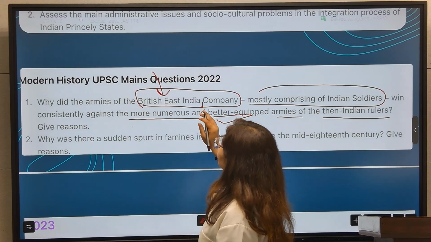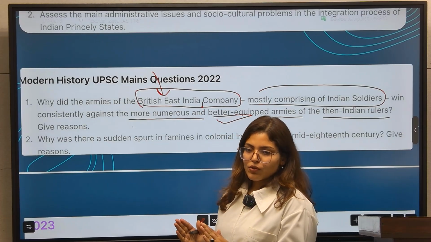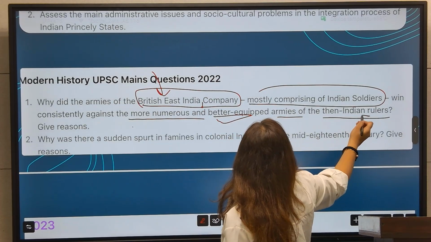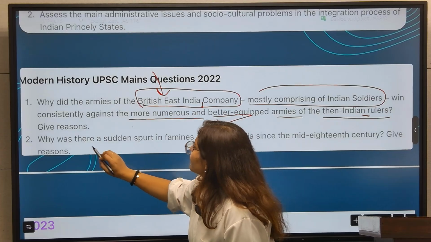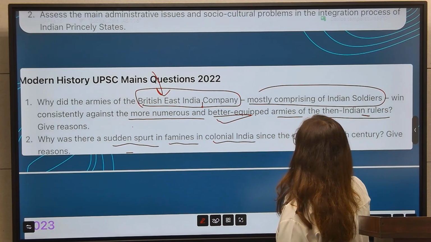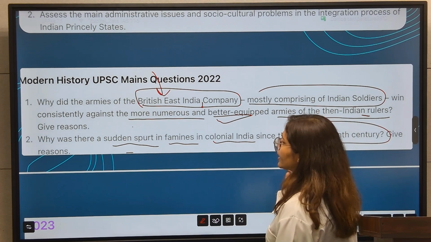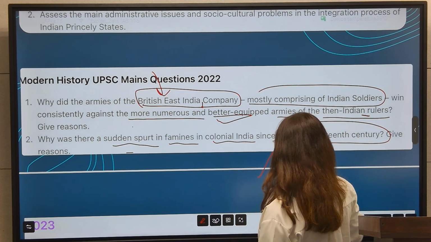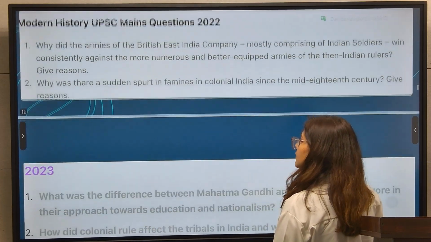So here is a comparison between the British East India Company's soldiers and the Indian rulers' soldiers. Why was there a sudden spurt in famines in colonial India since the mid 18th century? Give reasons.